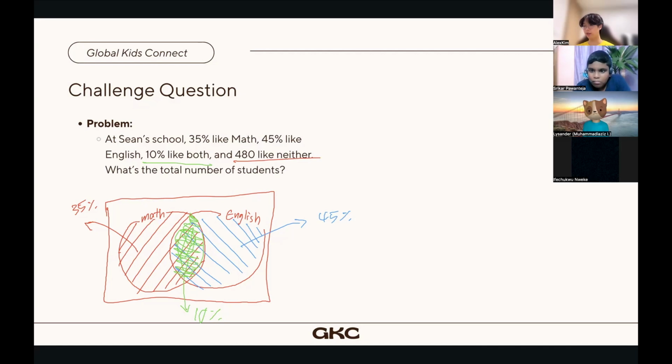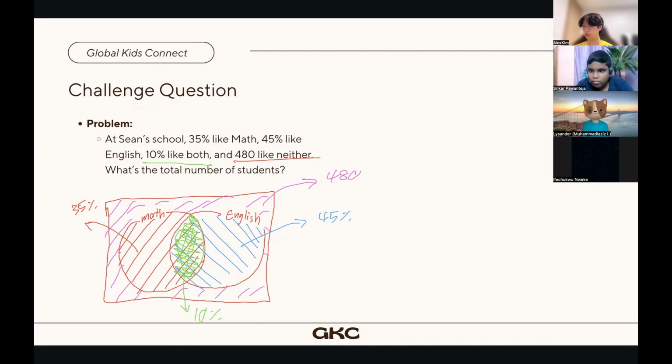So students that do not like math or English are represented by the area that's outside here. And so this part represents a numerical value of 480 students.